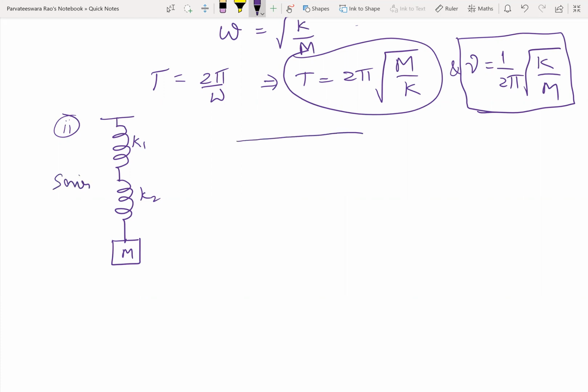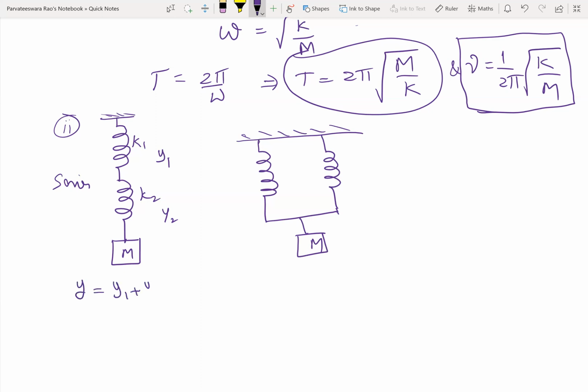There is another arrangement in which the two springs are connected in parallel. Suppose the extension produced in the first spring is y1 and the extension produced in the second spring is y2. Then the total extension produced in both the springs can be written as y1 plus y2.